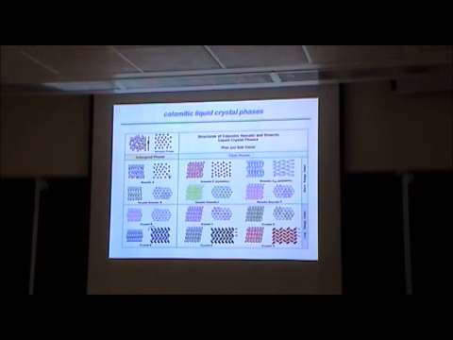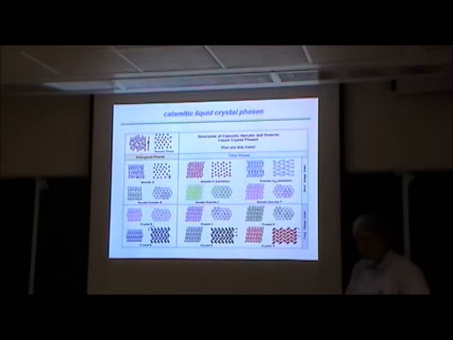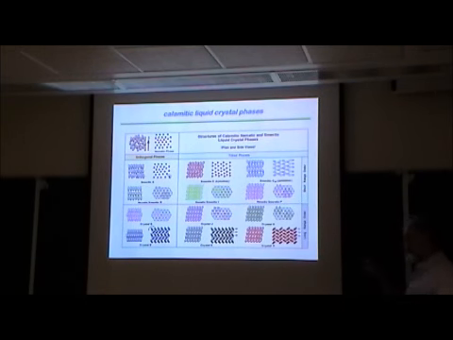Is there a simple way to see, if you look at a molecule, whether it's going to form smectic or smectic A? Well, this next thing will deal with that.